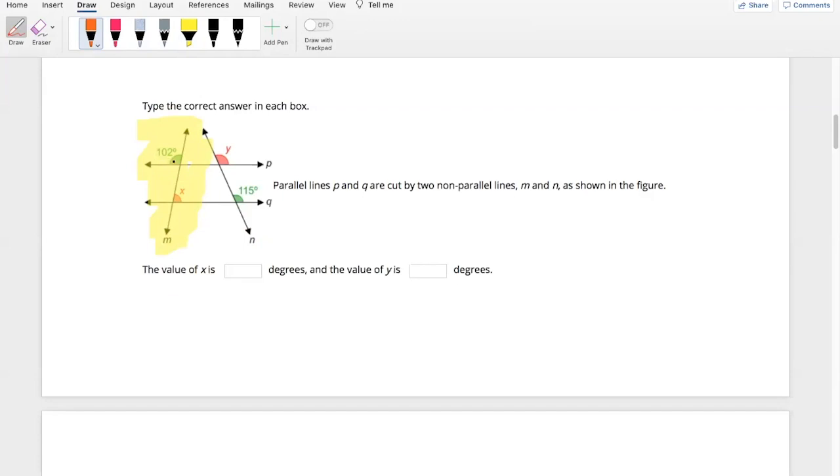I know that if I go all the way around, that forms that straight angle, which would be 180 degrees. So to figure this angle out, I can do 180 minus the 102, and that's going to give me 78 degrees. Okay, and then I can go around because I know this would be 78, this one would be 102. Now here X is that corresponding angle, and I know that's also got to be 78 degrees.